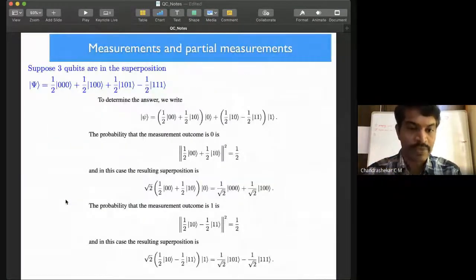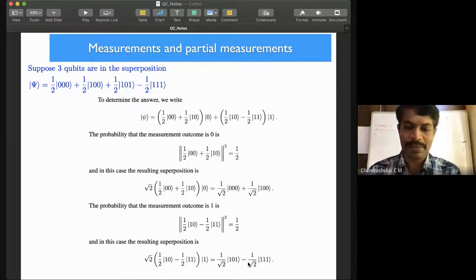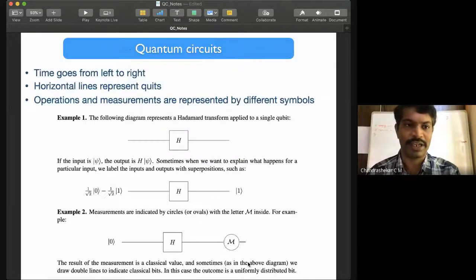So here, as we said, you always normalize, and then you get a complete quantum state out of your measurements. In fact, it becomes obvious when we look at a few other examples in coming slides.